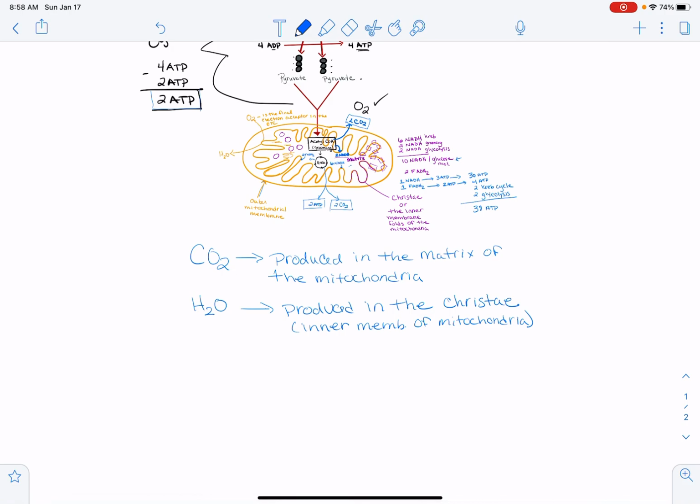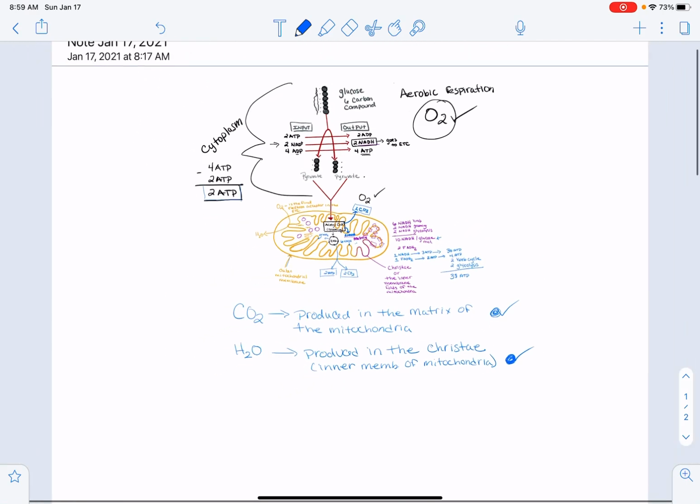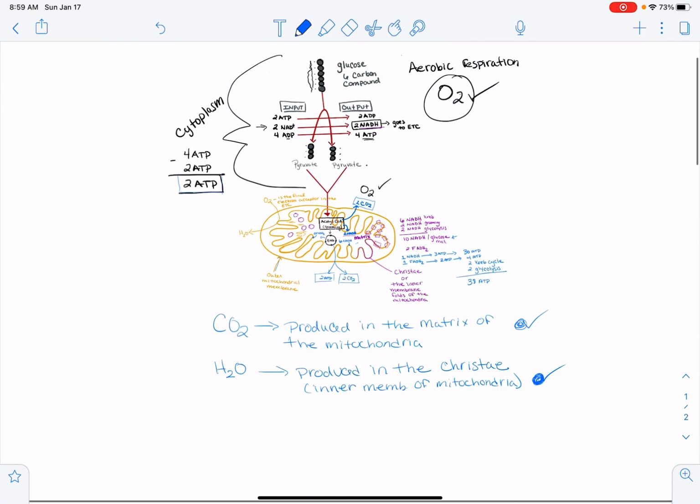So when you exhale, you are exhaling both the product of your mitochondrial matrix and the product of your mitochondrial inner membrane. All of that carbon dioxide and all of that water vapor are coming from your mitochondria, and they are all coming as a byproduct of cellular respiration, aerobic cellular respiration. Okay, I hope that that was helpful.